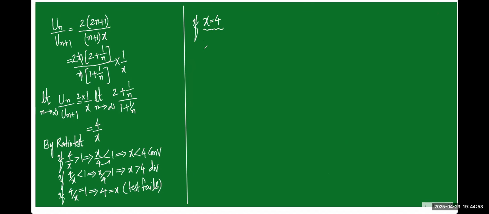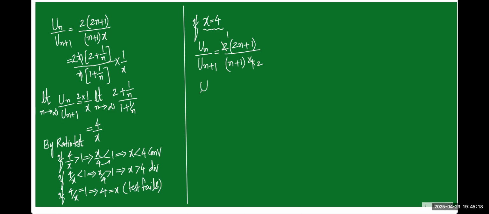So then what happens to un by un plus 1? This is actually the same step here. It is also there: 2 times 2n plus 1 by n plus 1 into x. The x value will be 4. 2 ones are 2, 2 twos are cancelled.